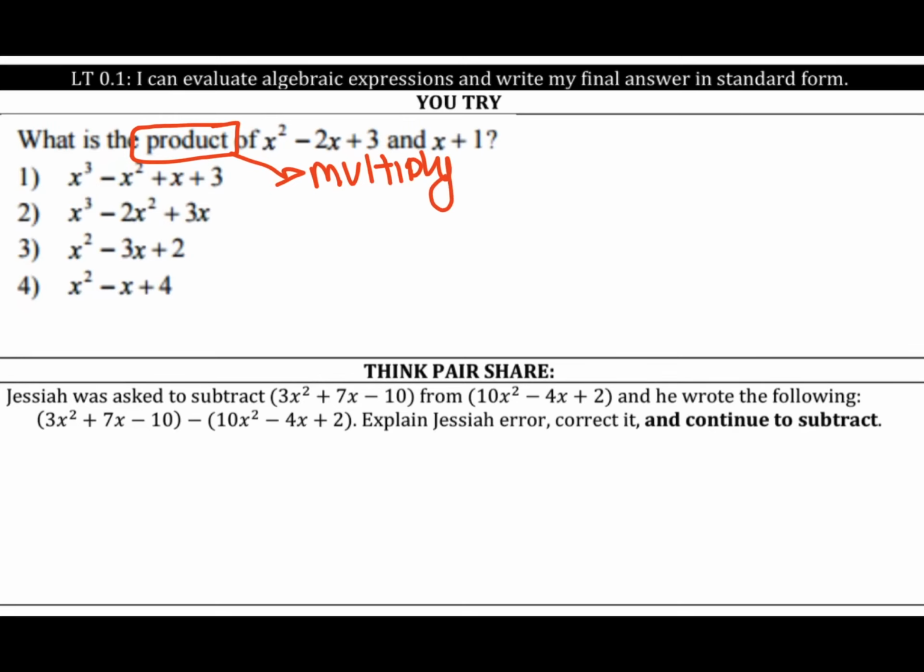Now we can see that the first polynomial here has how many terms? 3 terms. And then the second one has how many? 2 terms. Which means we are going to set up a 3 by 2 box.